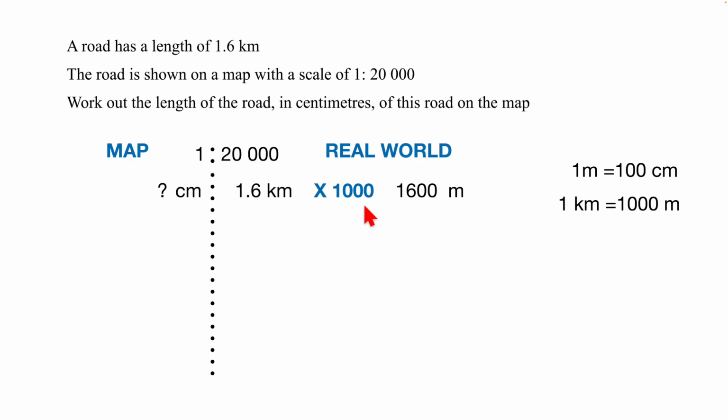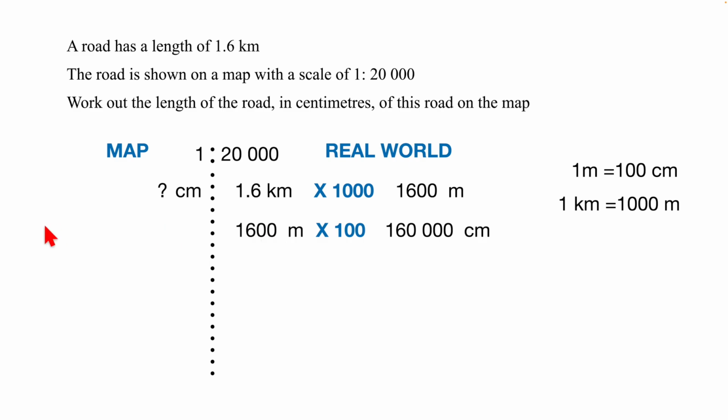It's 1.6 times 1,000. I've now got 1,600 metres. I need that in centimetres, so I'm going to multiply by 100. I've just added 2 zeros, so now I've got 4 zeros: 160,000 centimetres. Well, that's probably good enough for a mark.